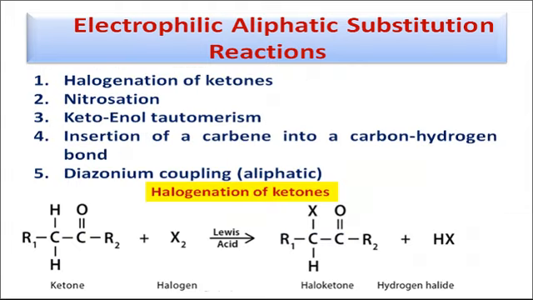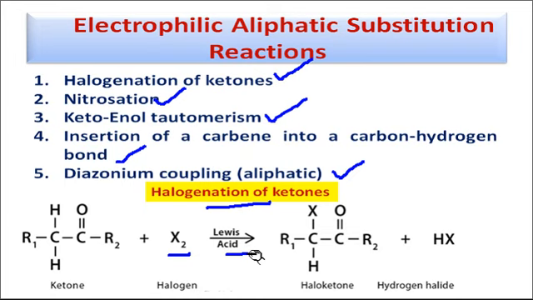A few examples of the electrophilic aliphatic substitution reactions are halogenation of ketones, nitrosation, keto-enol tautomerism, insertion of a carbene into a carbon-hydrogen bond, and aliphatic diazonium coupling. For example, here is the halogenation of ketone. In this reaction, a ketone is treated with the halogen in presence of the Lewis acid. Look here, this is the alpha carbon atom.